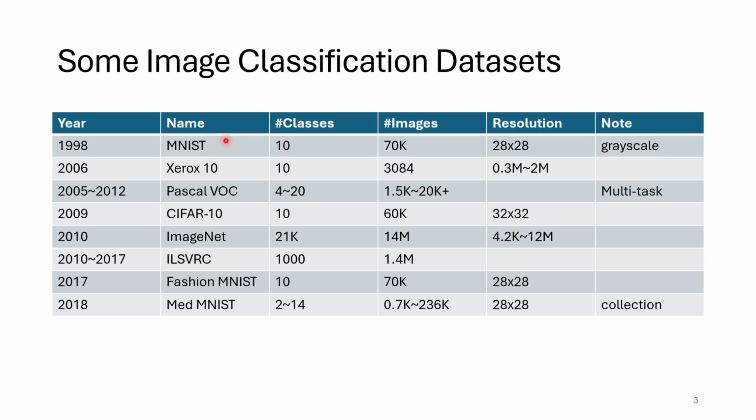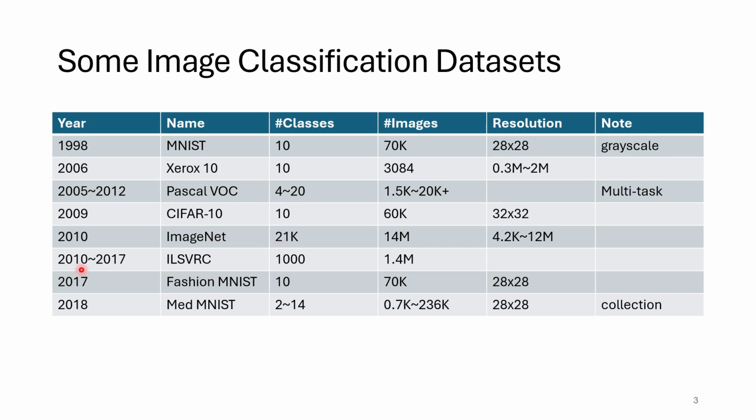In 2006, Pascal VOC, the classes increased to 20. And there is a very impressive dataset called ImageNet. There are 21K classes. It's a huge increase.